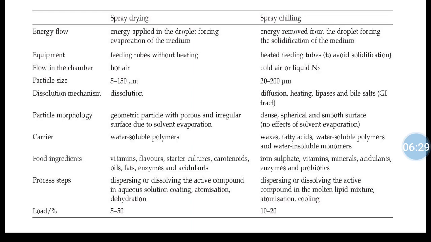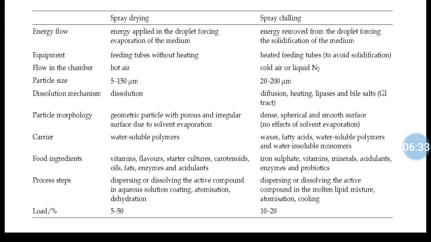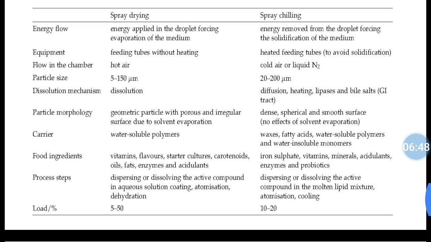The flow in the chamber will be of hot air in spray drying to cause evaporation, whereas in spray chilling, cold air or liquid nitrogen is flowed into the chamber to cause solidification of the coating material. The particle size of the product obtained in spray drying is around 5 to 150 micrometer, whereas in spray chilling it is 20 to 200 micrometer.